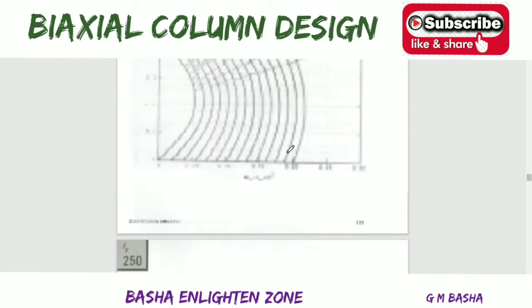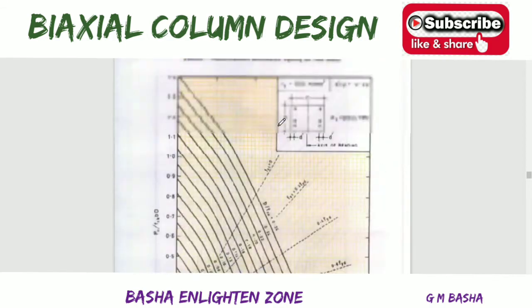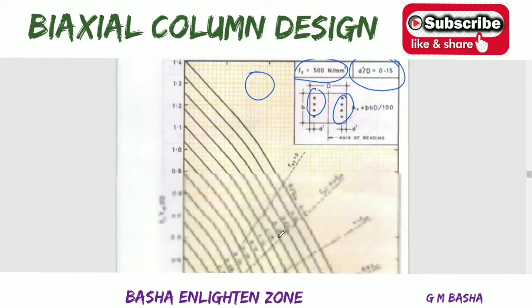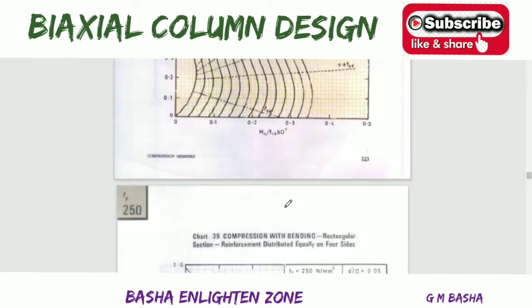If you go on like this, observe, there will be reinforcement equally on only one side. So what I told you here, this is related to fy 500 and reinforcement equally on opposite sides, d dash by d ratio 0.15. In the same sense, there will be square and circular graphs also. So for that you have the graphs below these.